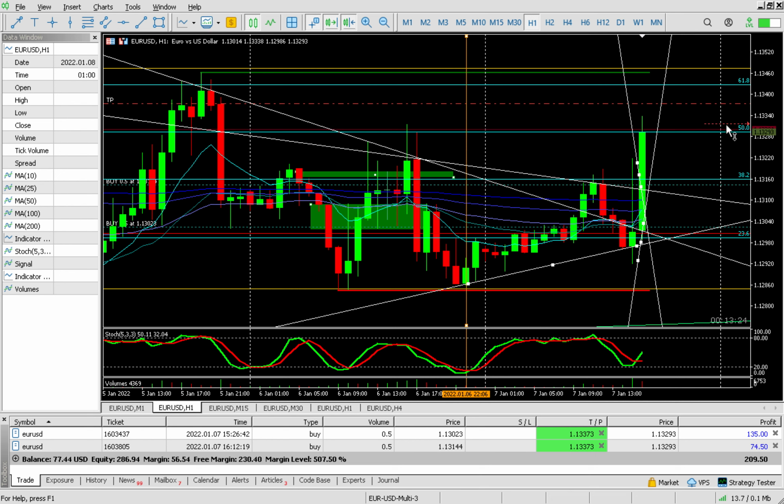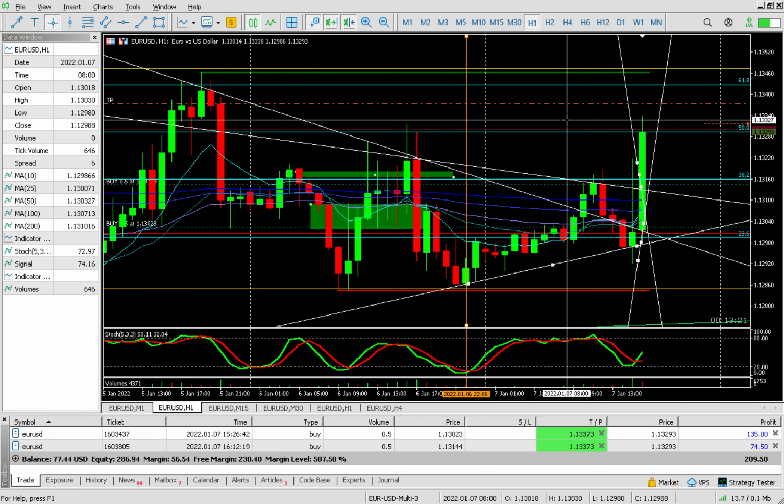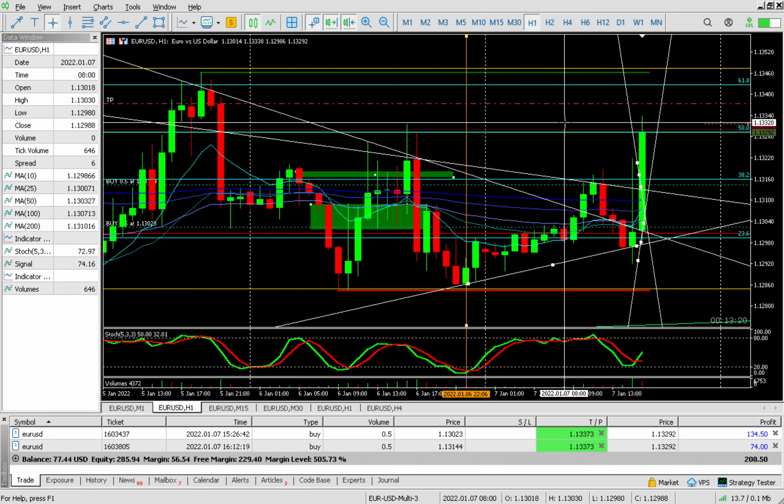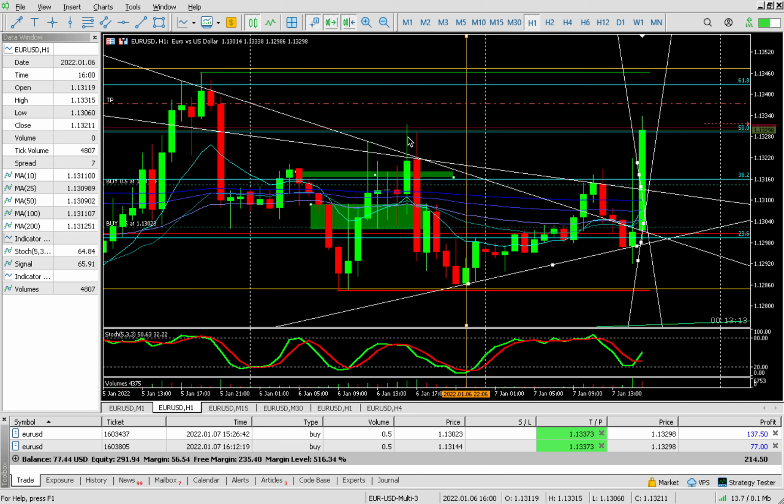So basically, I had an alert set for when we broke this high. I had it set for 1 point higher than this. So that's 315. This is 316. This one is 461.